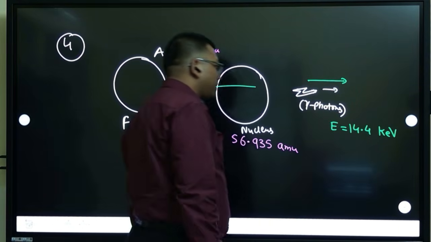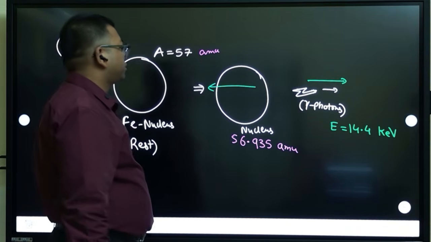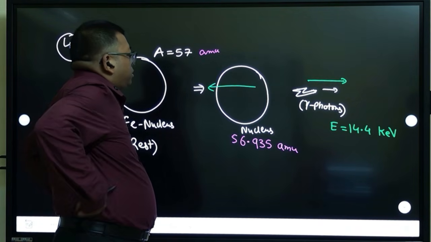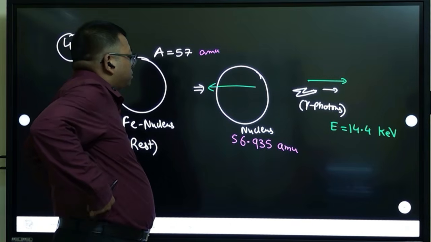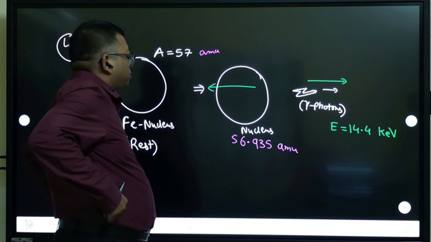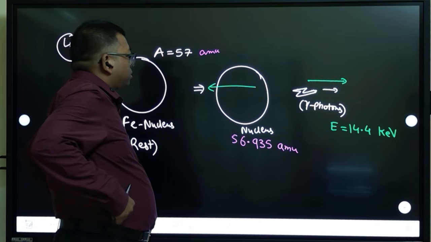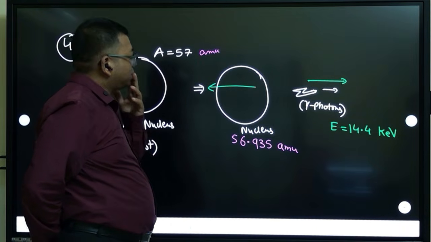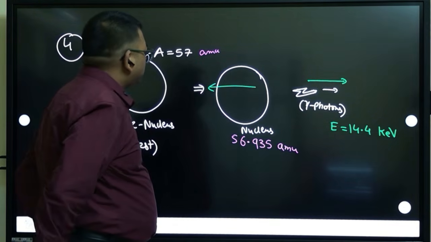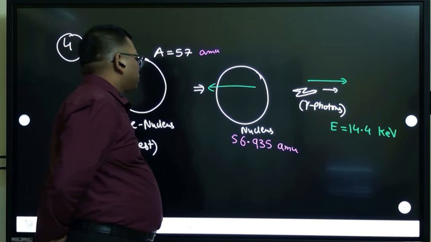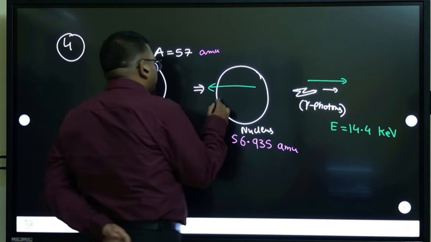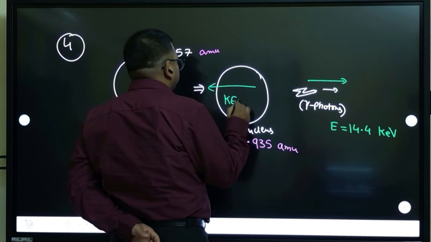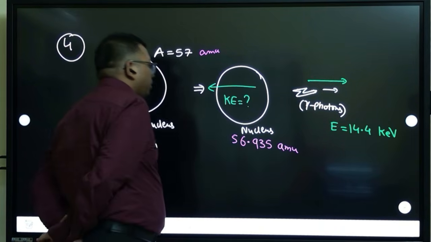Electron volt is actually a unit of energy. 1.66, and that we already know, that atomic mass unit we already know. So we need to calculate its kinetic energy, right? How much it is bouncing back.